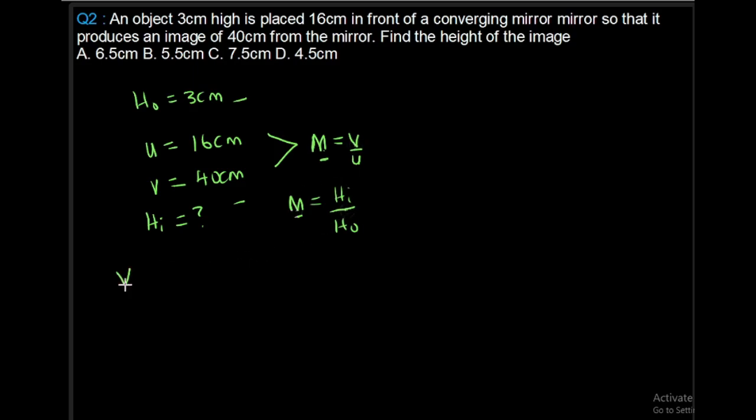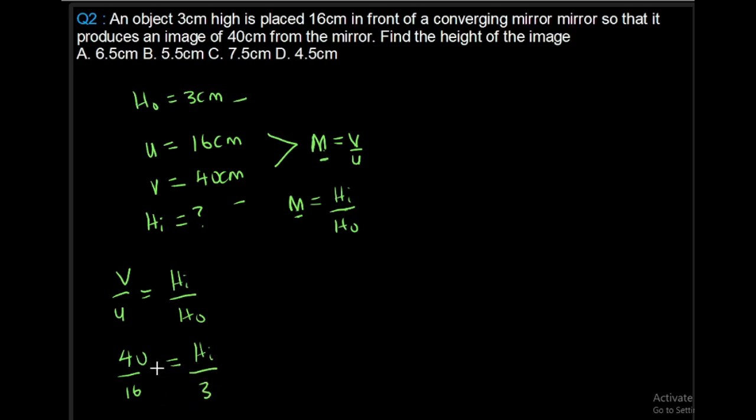So we're going to have v over u equals height of image all over height of object. What's v? v is 40, so we're going to have 40 all over 16 equals height of image, which is unknown, over height of object, which is 3.